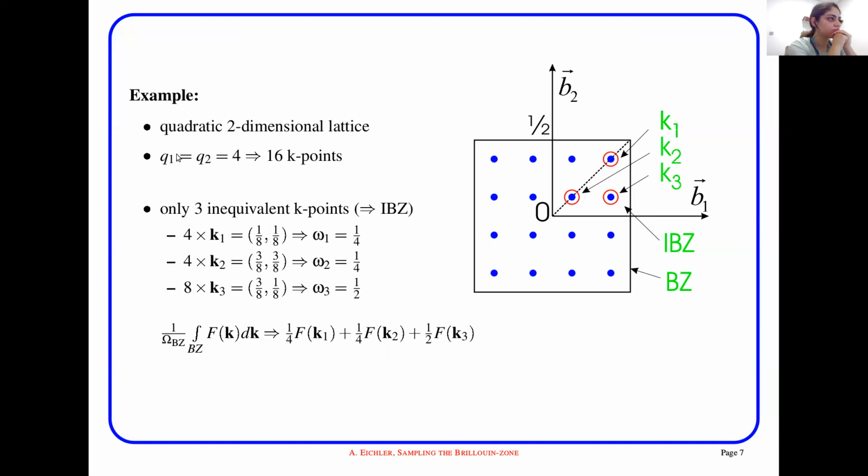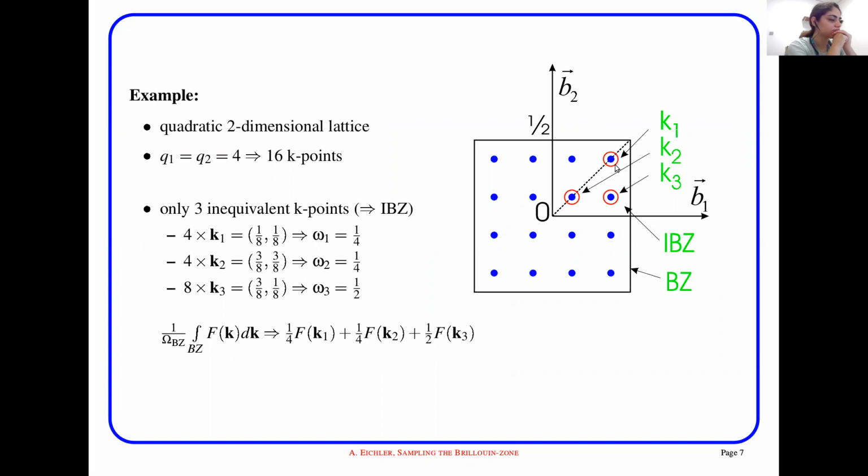At the end, from the 16 key points that you would have used, this package goes to 3 irreducible key points. The weight of each key point follows the rule that we said yesterday.